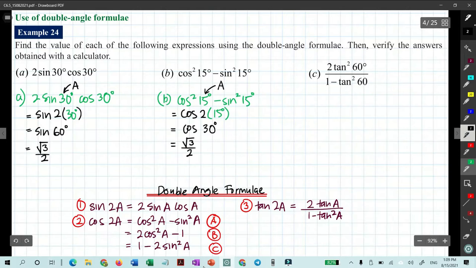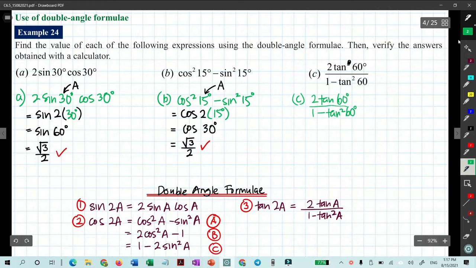Okay, and then for question C, there's no square for this question. Definitely we're going to use formula number 3. There's a small correction in this question. There's no square here, so the question is actually 2 tangent 60 degrees over 1 minus tangent square 60.